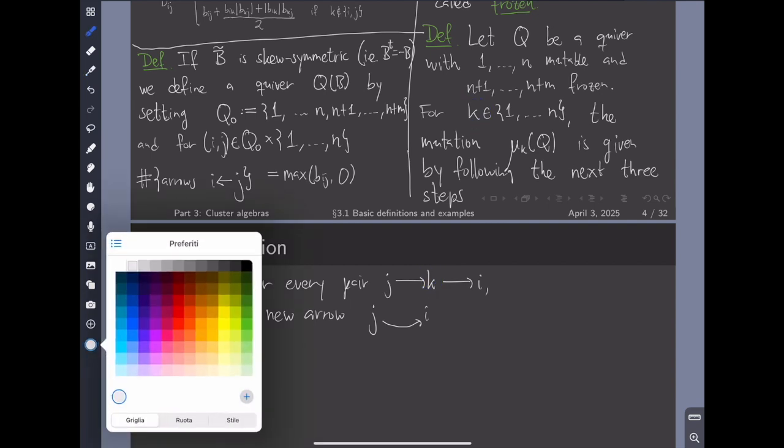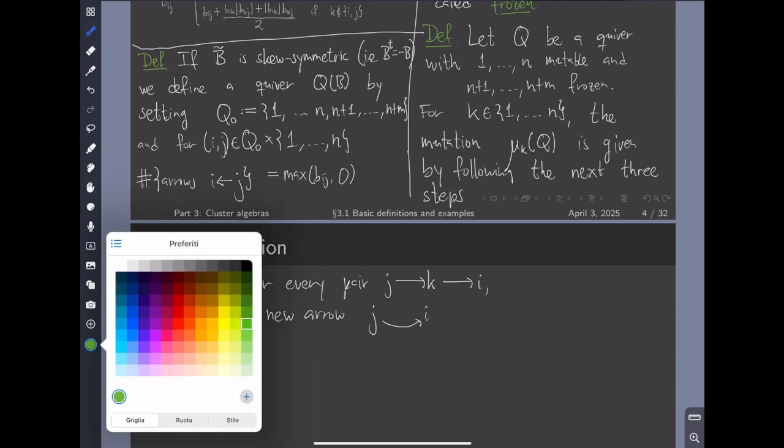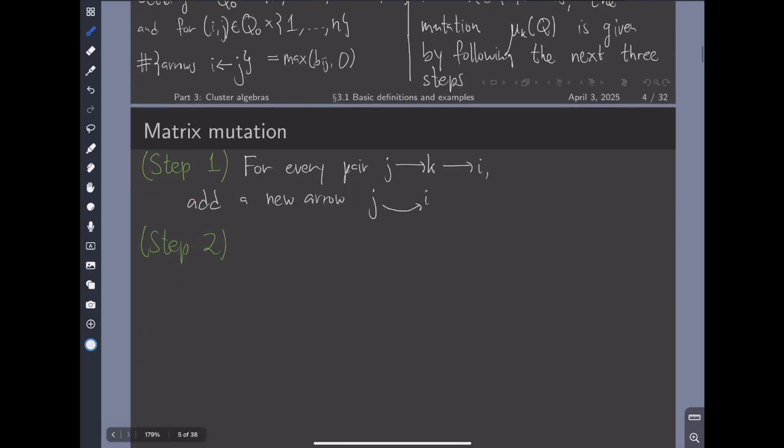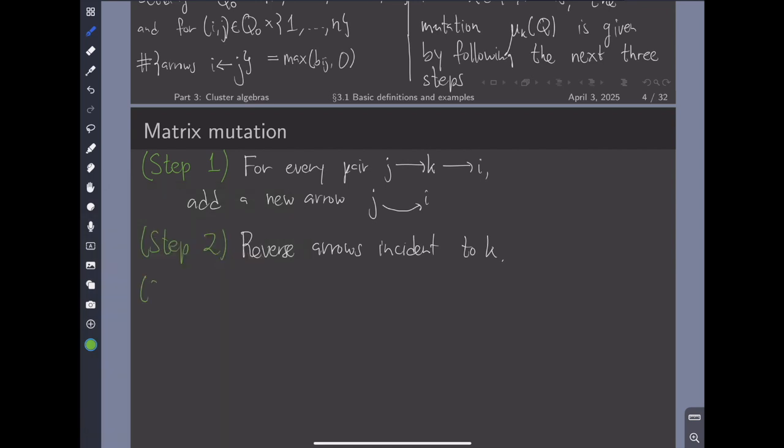Step 2, reverse arrows incident to k. And step 3.